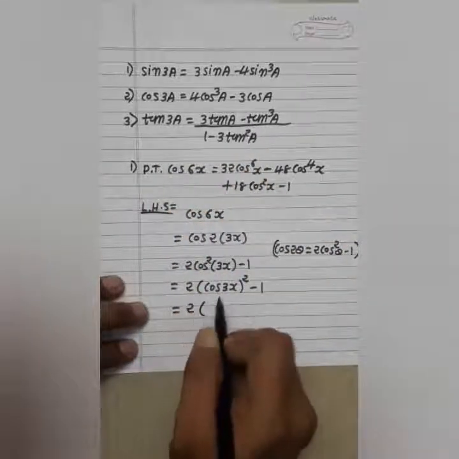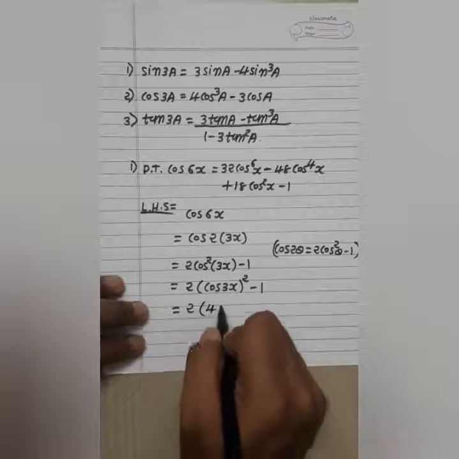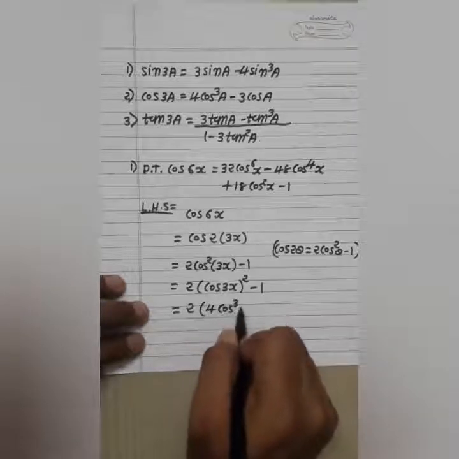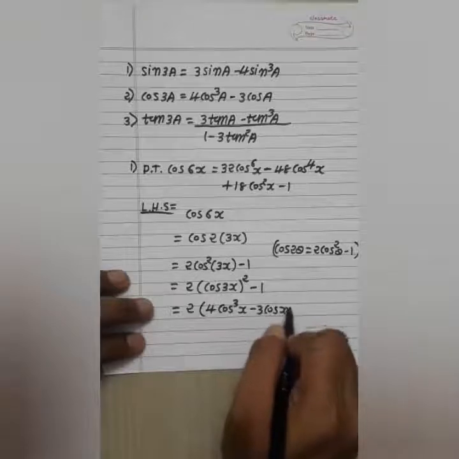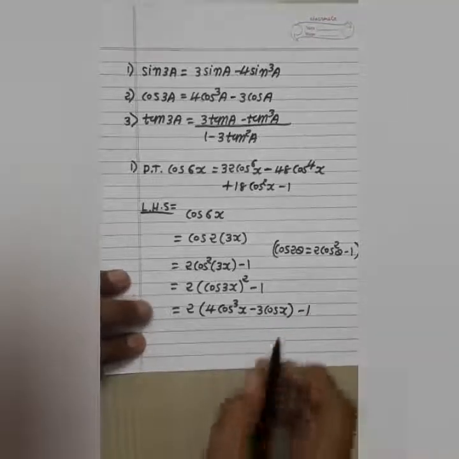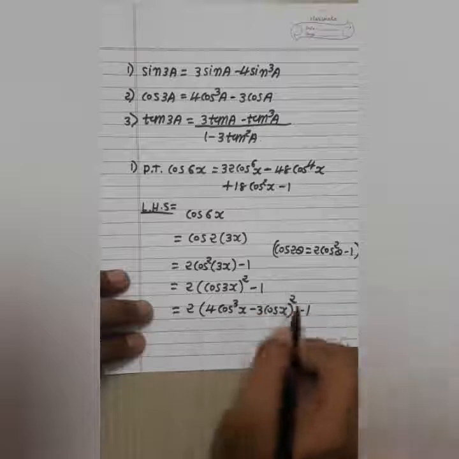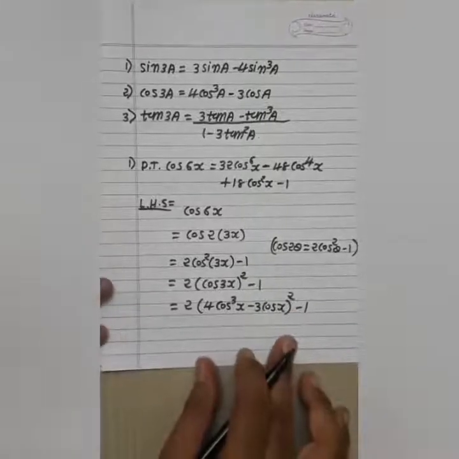So 2 into bracket (4 cos cube x minus 3 cos x) bracket over, minus 1, and here a whole square is present, so write whole square.